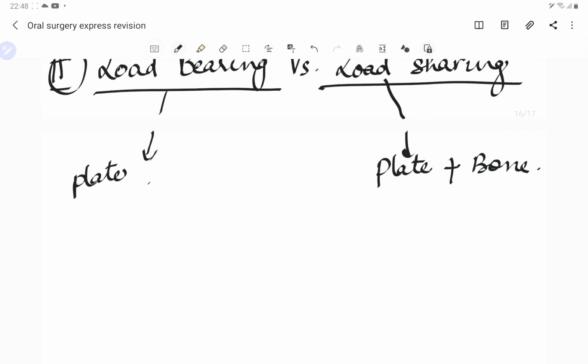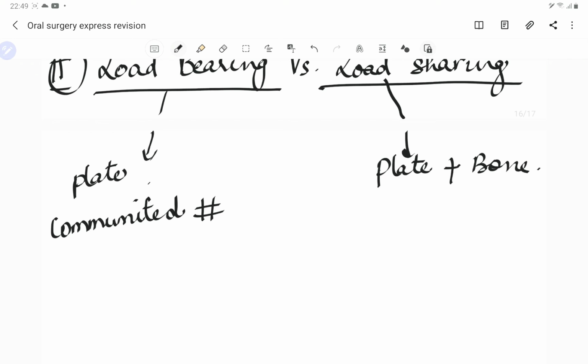So during all functional movement, the entire load of the functional activity is taken up by the plate which is fixed on the mandible. In case there is a comminuted fracture, the bone is broken into such fine pieces that we cannot let the bone take up the load, otherwise there will not be any healing process.